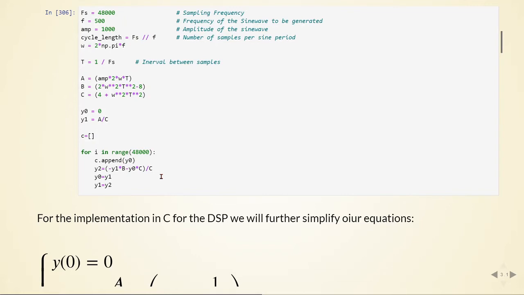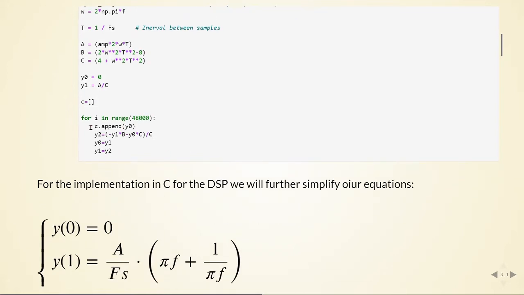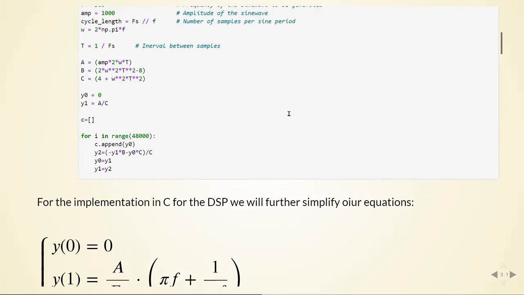This is how we're using these recursion relations, where the future depends on the past outputs. So y of 2 depends on y of 1 and y of 0. This is the recursion, and we update on the next step. We will do this until we generate 1 second of a sine wave.